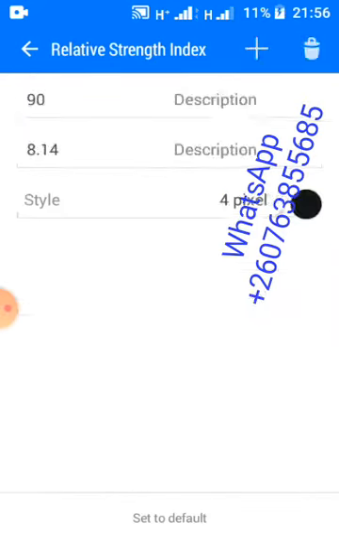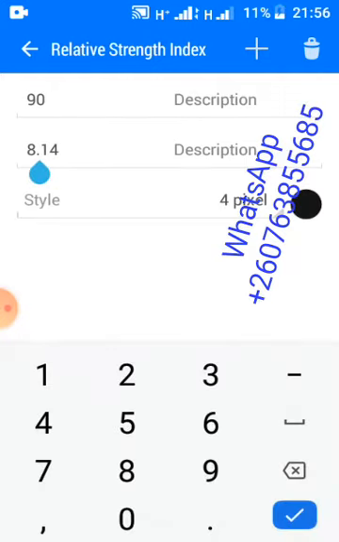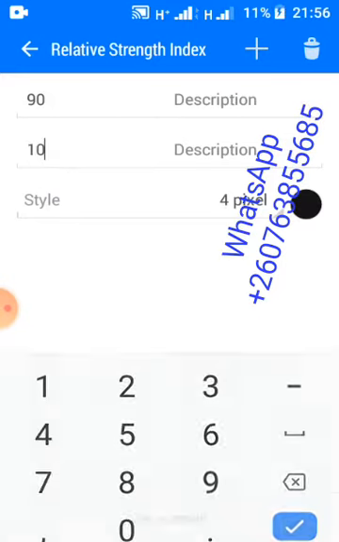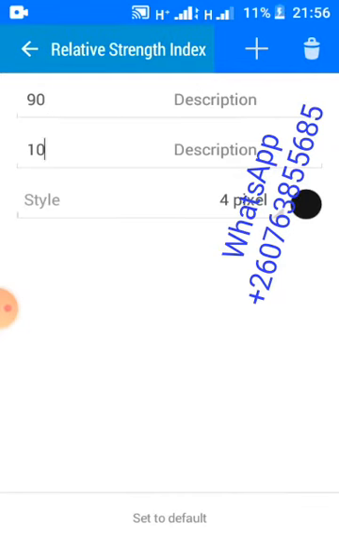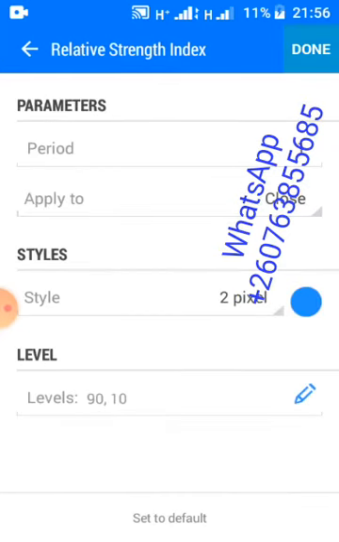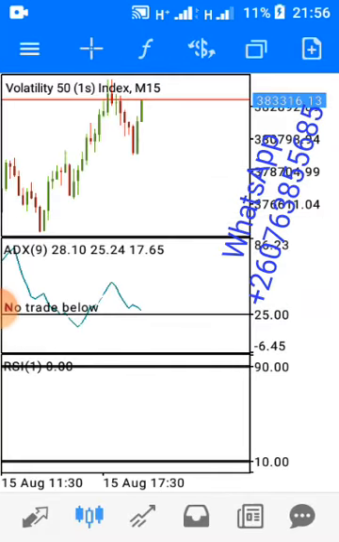We add that, and the period must be 1. Then the levels must be 90 and 10. This must be the levels, 90 and 10, and we click done. You can pick the colors of your choice. Okay, so this is gonna happen.